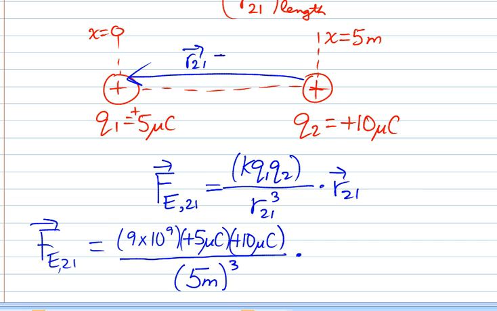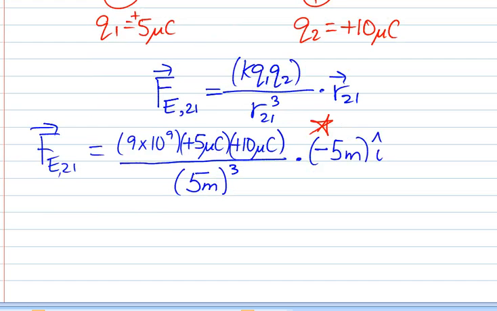And in this case, it's equal to negative 5 meters in the i hat direction. So negative 5 i hat. Now here's where the beautiful thing happens. Notice I get a negative sign. If I put everything in correctly, I will get a negative sign out of this.